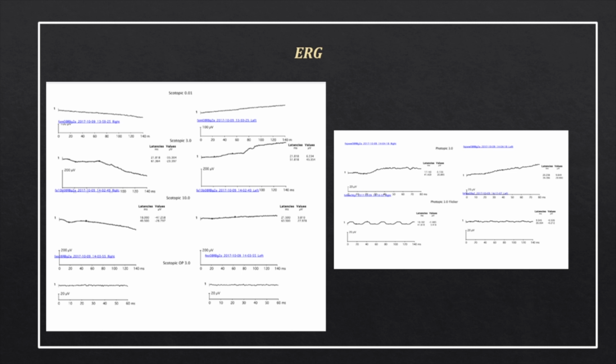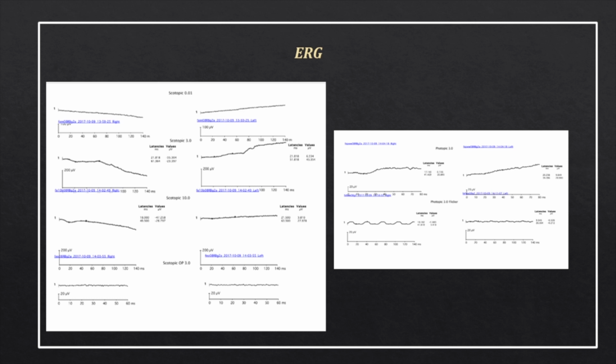Coming to the ERG, if you see the single flash response or scotopic 0.01, the B wave is not seen. It's almost flat in the right eye, and in the left eye also the B wave is completely flat. Coming to the scotopic 3.0 response, you still see a B wave, but it is grossly reduced in amplitude.